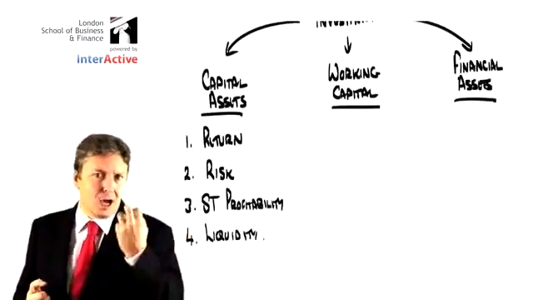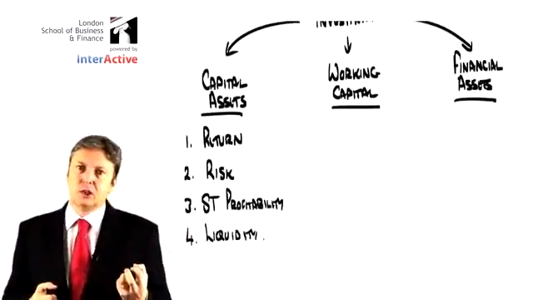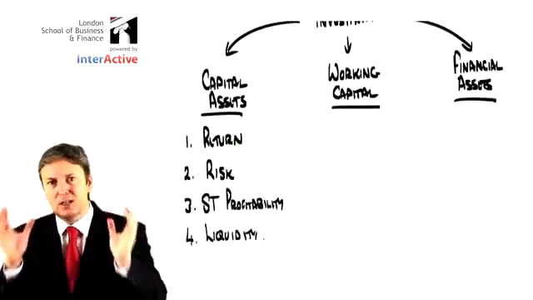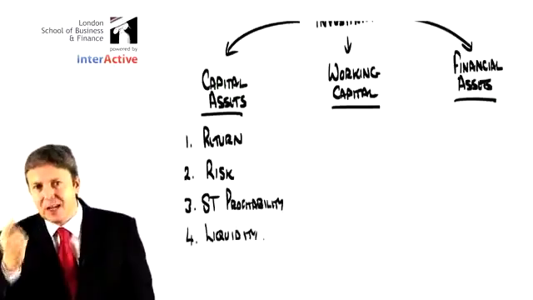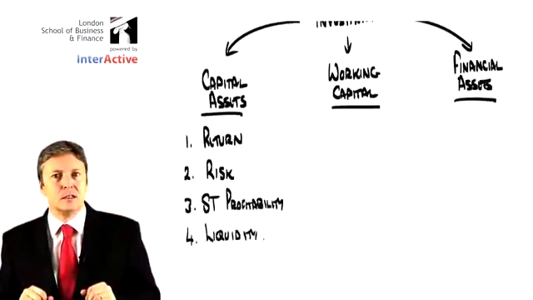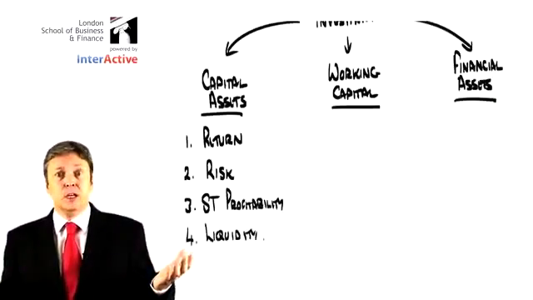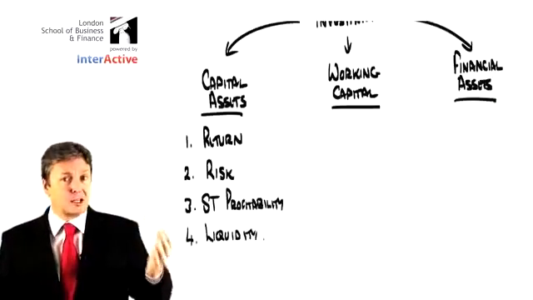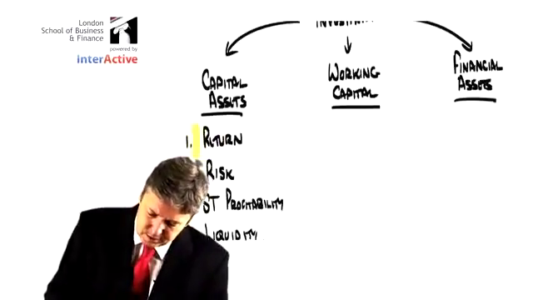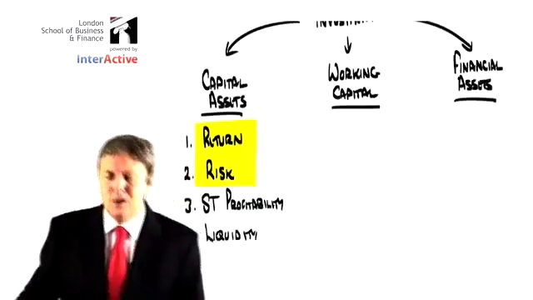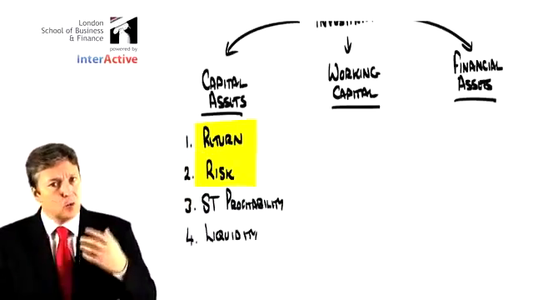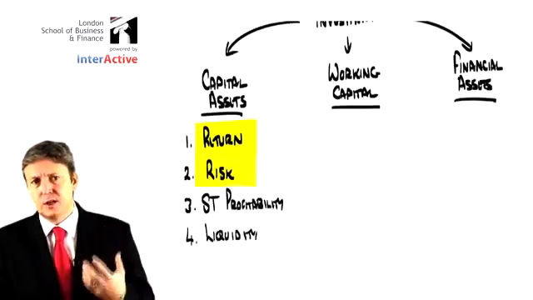All of these eat up cash. As such, when we're making an investment, we have to consider the wider liquidity considerations. Do we have the cash to operate or inhabit our asset? If we don't have them, what can we do? The possibility is we run out of cash and fail. So if we're looking at capital assets, I would agree that the two key considerations are risk and return. But we cannot ignore the other considerations as well.